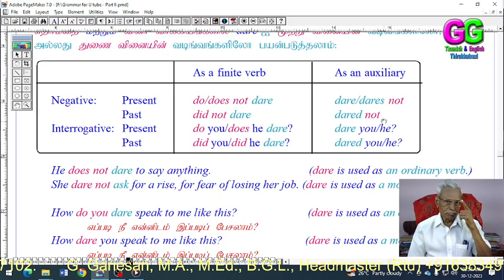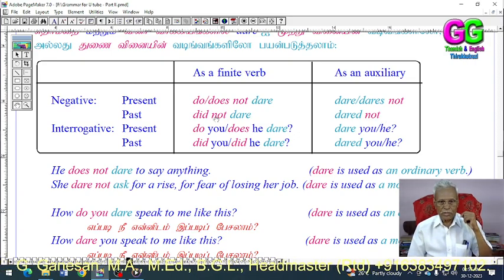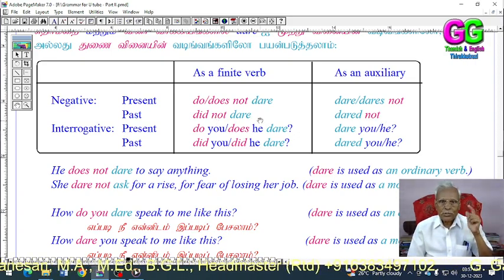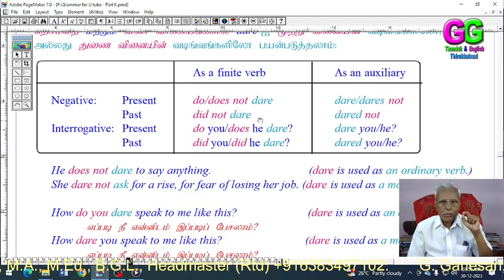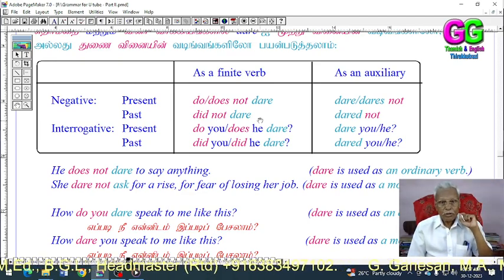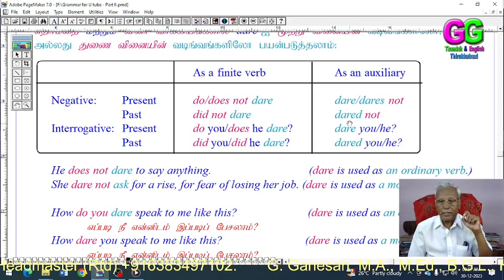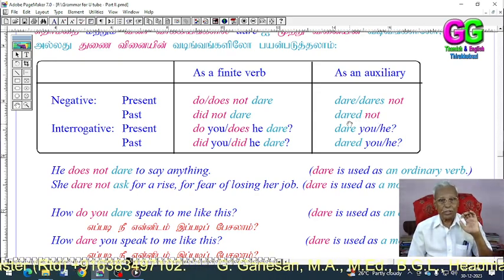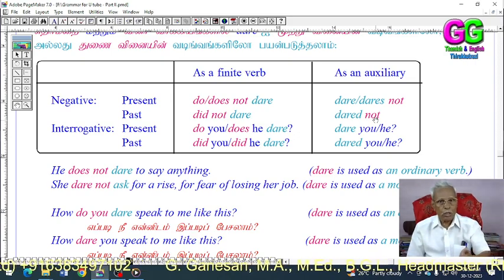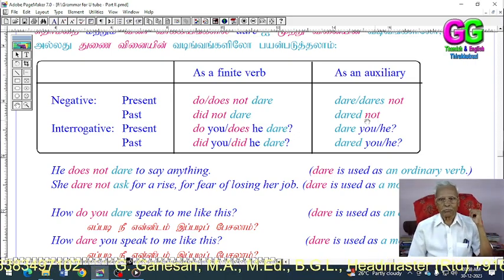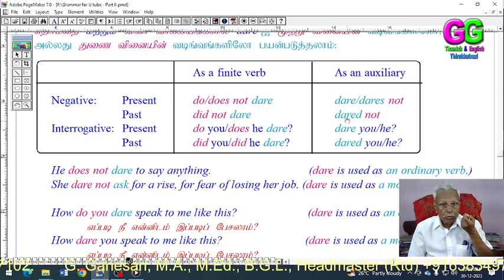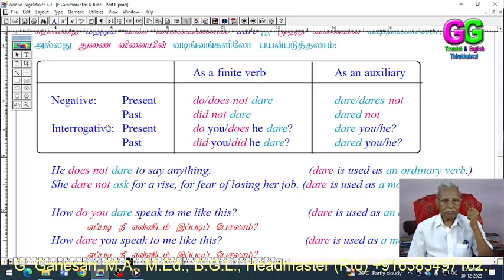Don't forget the difference. Did not dare means dare has been used as an ordinary verb, finite verb. But dare not means dare has been used as an auxiliary, like could not, would not, might not.